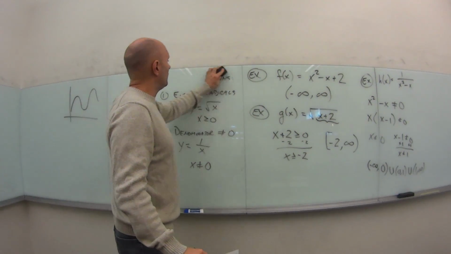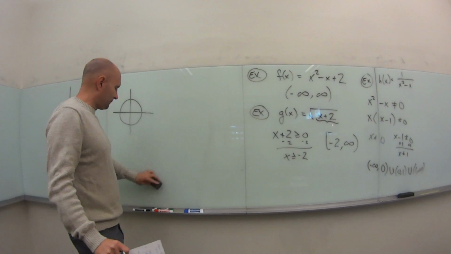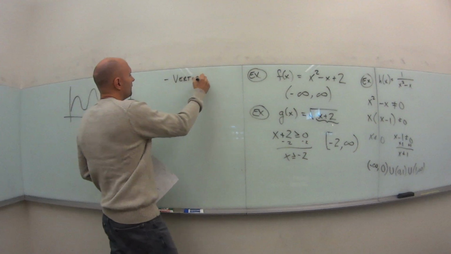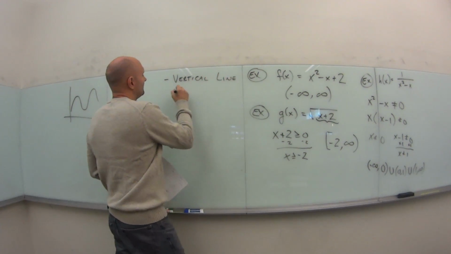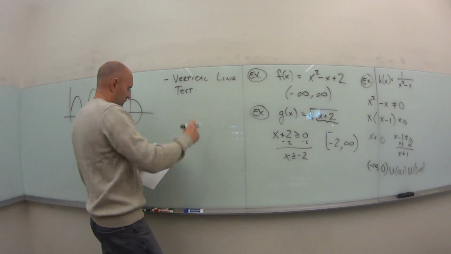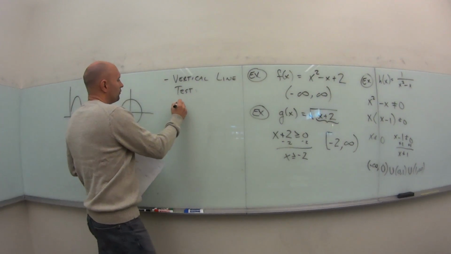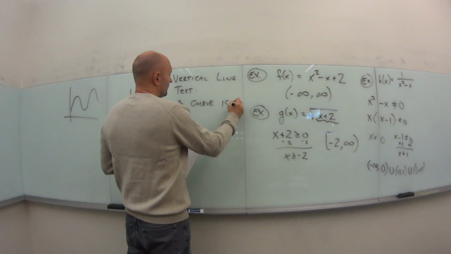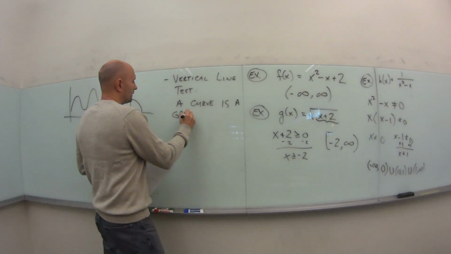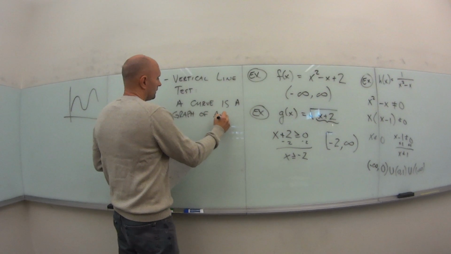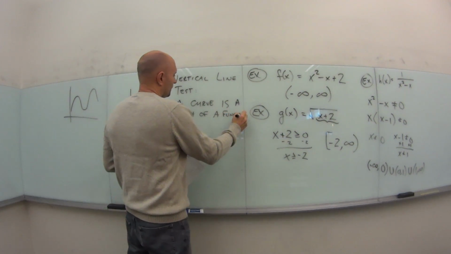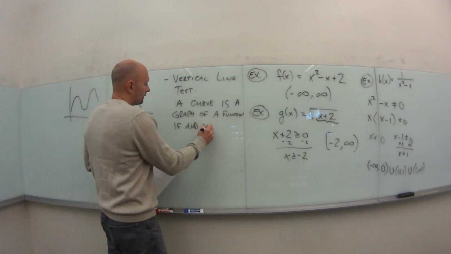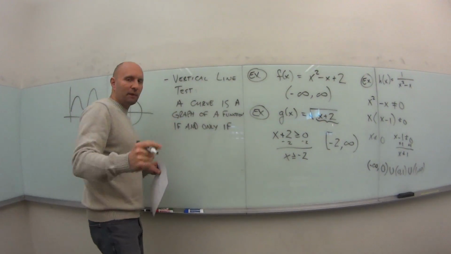Well, how can we tell if we're given a graph whether something is a function or not? Hopefully you're screaming at the screen right now. I know, it's the vertical line test, right? So this tells us that a curve is a graph of a function if and only if. So I'm going to make a little notation here.